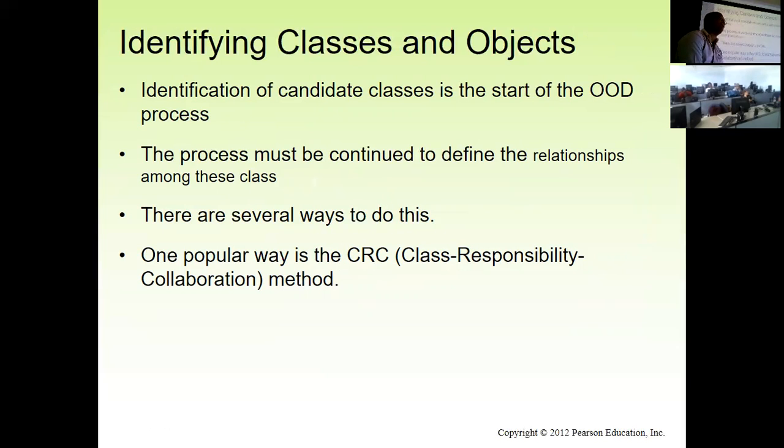Now, once you have identified the classes that you're going to be using, the next thing you have to do is to work out how you're going to structure those classes and how you're going to map the relationship between all the classes so that it comes together to produce the things that are set out in the requirements. All right? Now, we're going to introduce you to one particular method called the class responsibility collaboration method that helps you to develop these relationships, right?